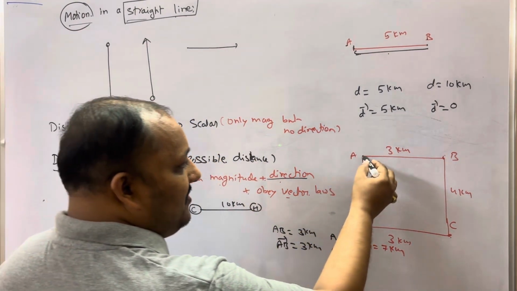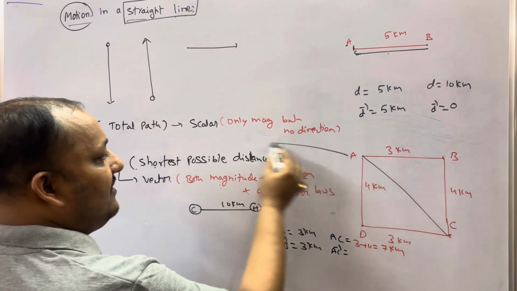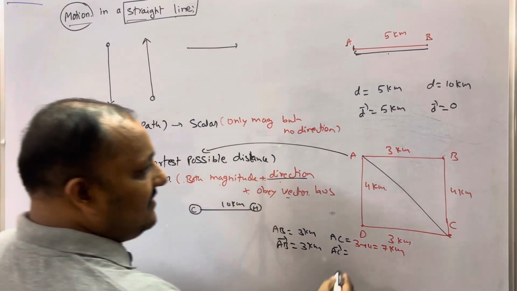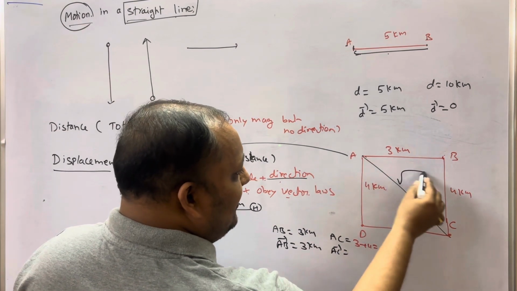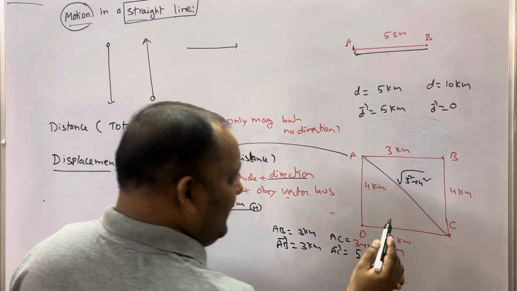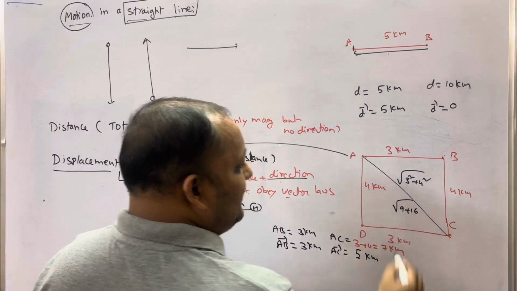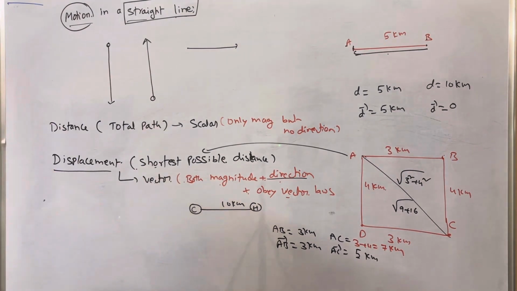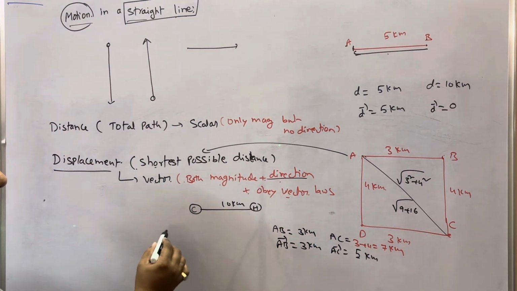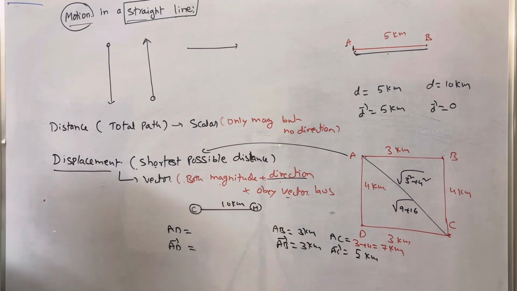Now what is the shortest possible distance from A to C? According to the definition, shortest possible distance. Therefore this distance is nothing but root of 3 square plus 4 square. That is nothing but 5 kilometers. Correct? 9 plus 16, root 25, 5 kilometers. Now what is the distance from A to D, and what is the displacement from A to D?